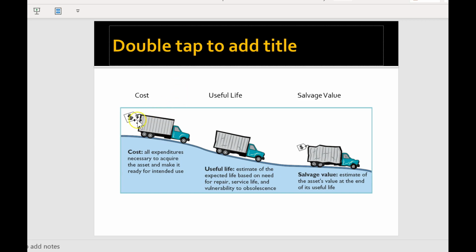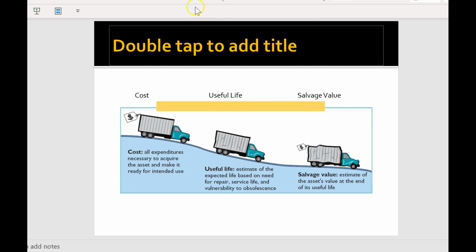So we start with a brand new truck, and at the end of the day, this brand new truck is going to go to the scrapyard. These are the two stages that a truck would have, the brand new truck and the scrapyard truck. Between these two stages, there is a period of time. I'm just going to draw a line between them.